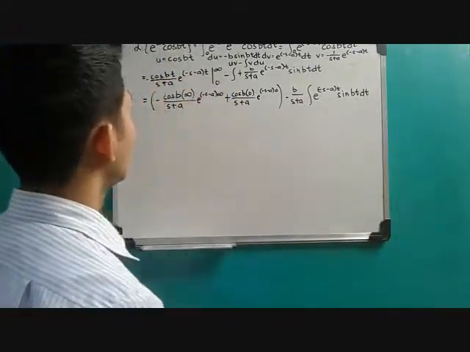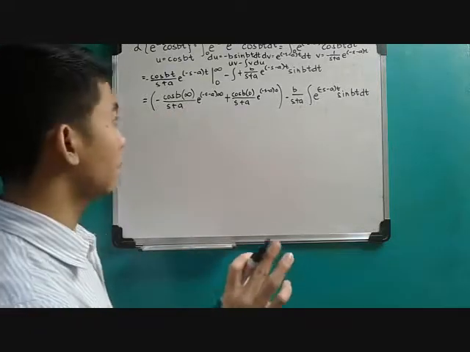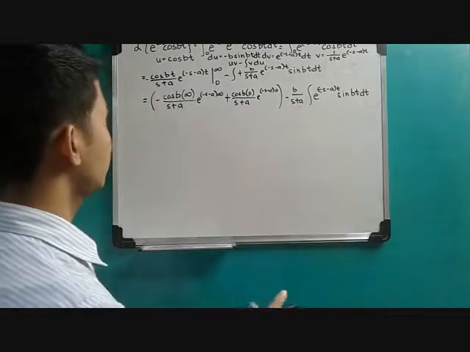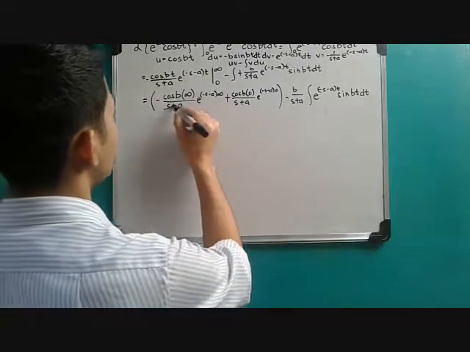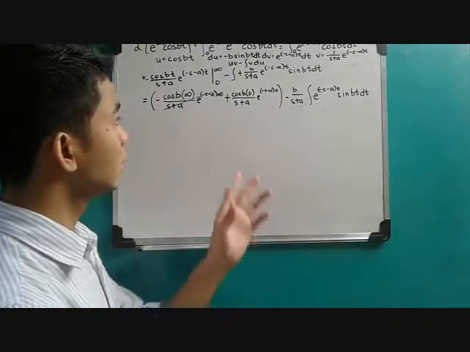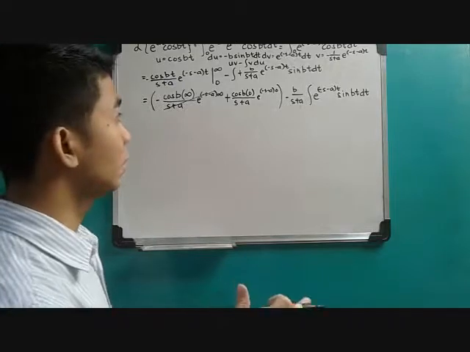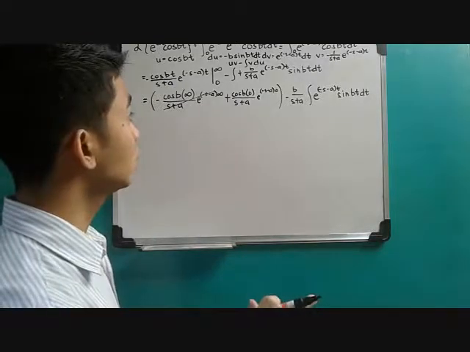So next, e raised to negative very large number is equal to 0. So cancel this. And cosine 0 is equal to 1, and e raised to 0 is equal to 1.